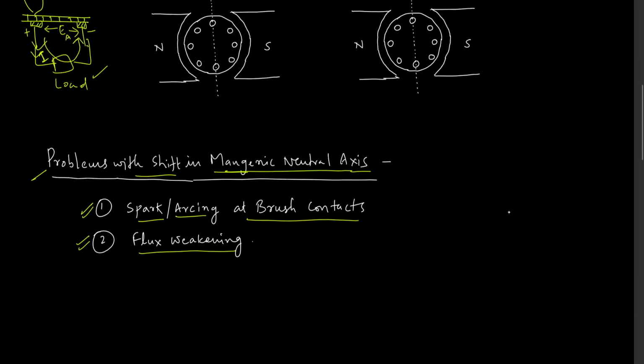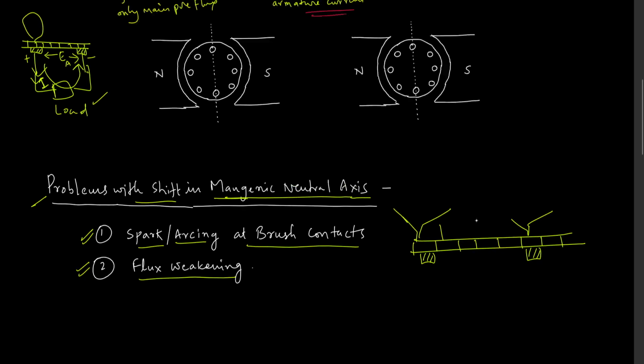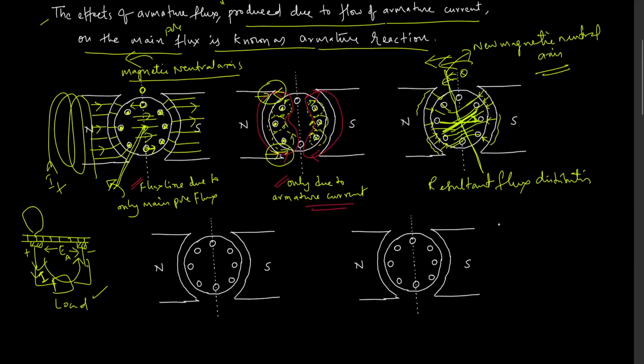So what happens is, the brush positions are set on the commutator such that the coils connected to this commutator will induce no current or no EMF.